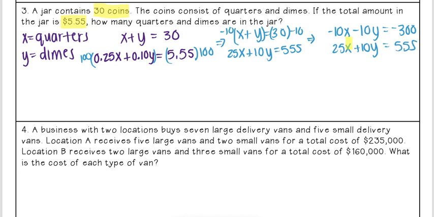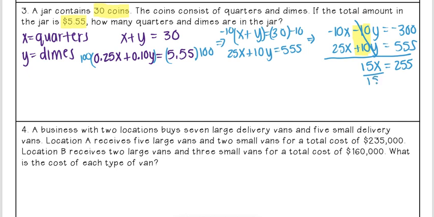And so now I have those opposite coefficients like I want. I have a negative 10 and a positive 10. And so now when I add these together, my y's cancel out. Negative 10x plus 25x, I get 15x. Negative 300 plus 555, I get 255.